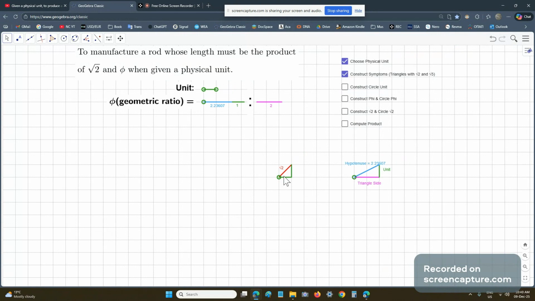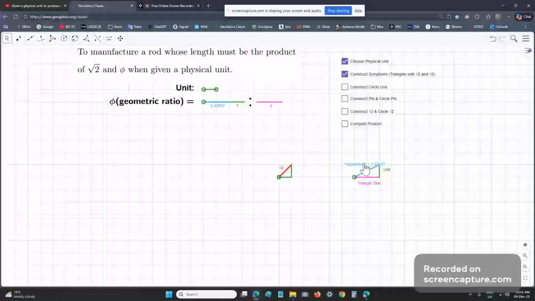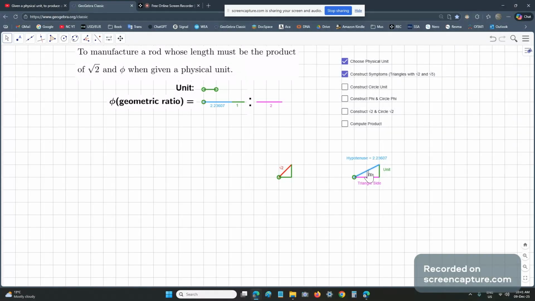So we have square root 2 realized from constructing a right angle isosceles triangle with equal sides, and square root 5 from constructing a right angle triangle with one unit and its double, by simply concatenating the unit to itself. In other words, taking this unit and concatenating it to itself to get this triangle side.